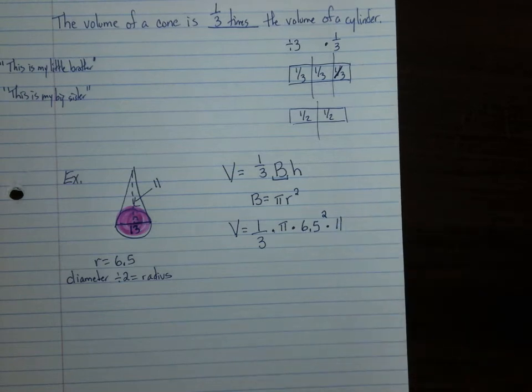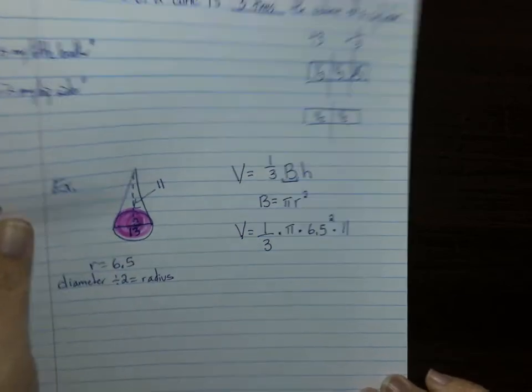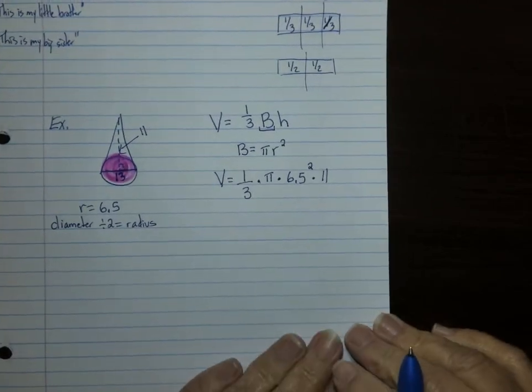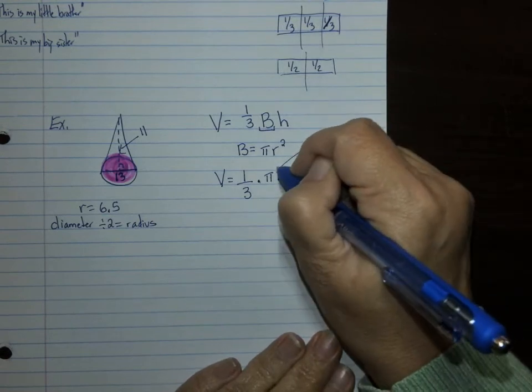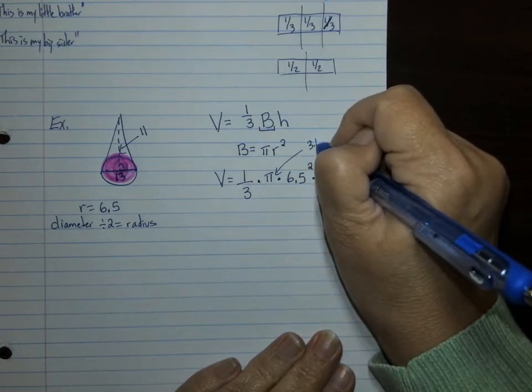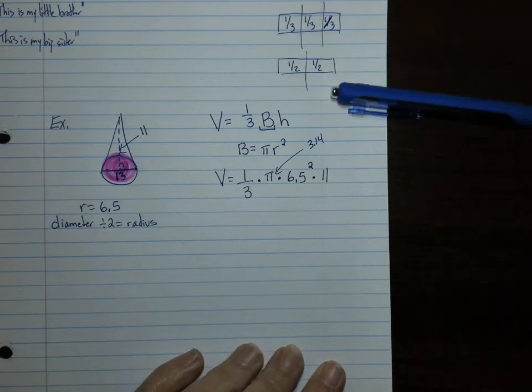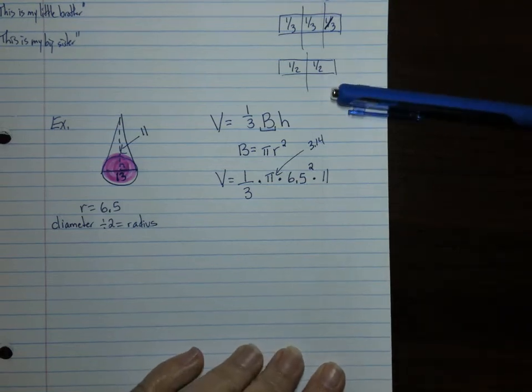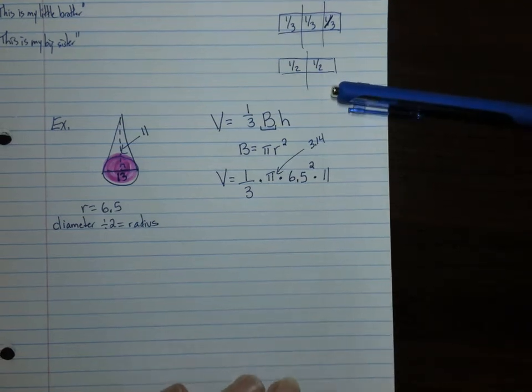Alright, now IXL is going to want us to use 3.14. So for our practice, when we type the pi in, let's just type in 3.14. So everybody grab a calculator. If you didn't pick one up when you came in the room, grab one now.